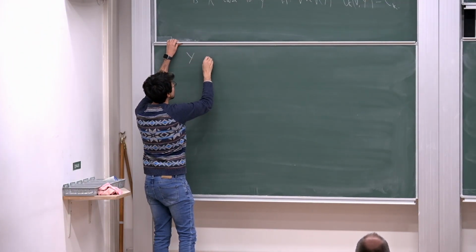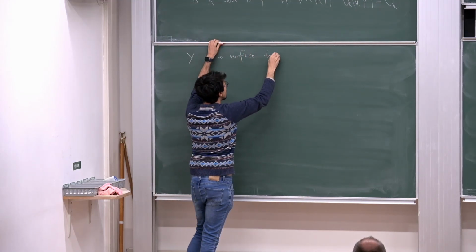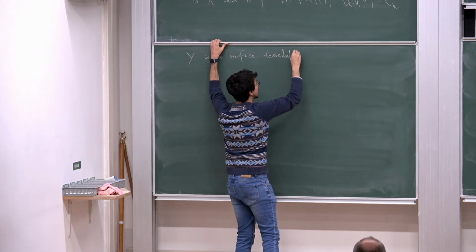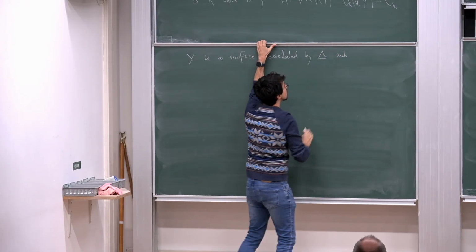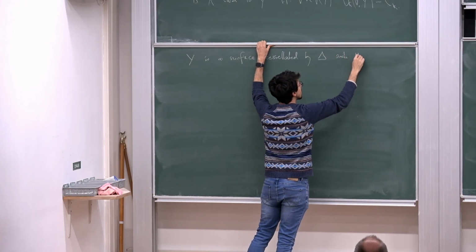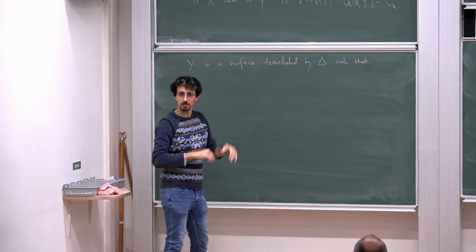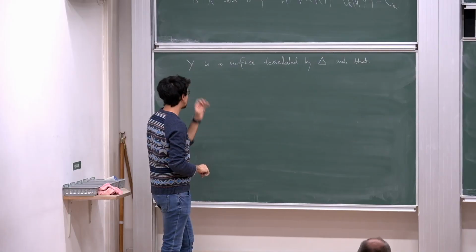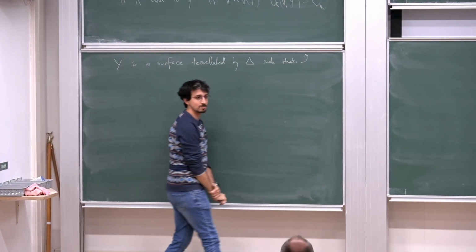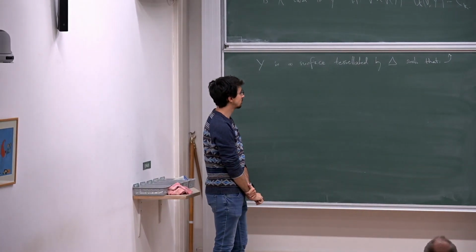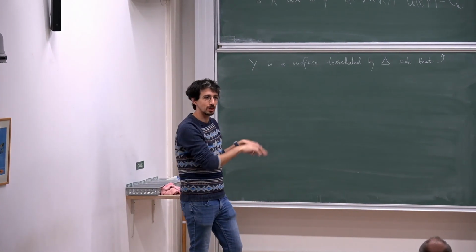Y is a surface tessellated by triangles such that around each vertex I see k triangles. Okay, so a specific tessellation. So we see how topology will come into play here. Eventually what we want to get is surfaces.